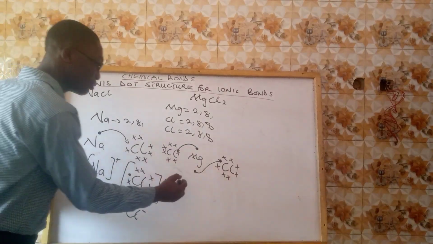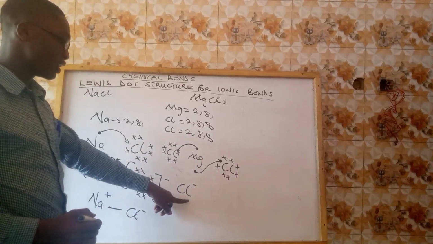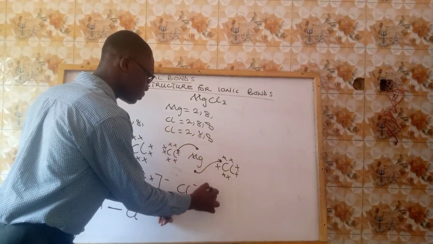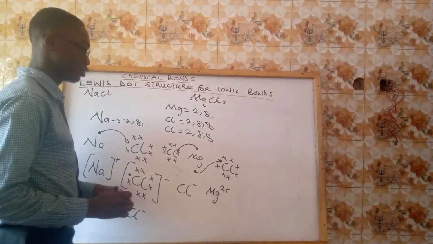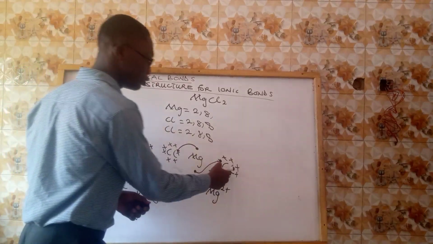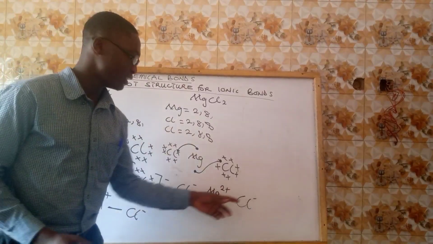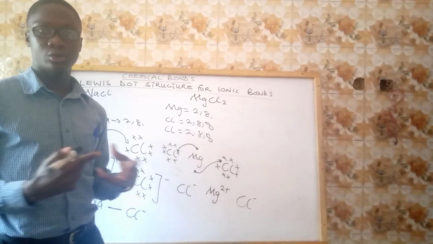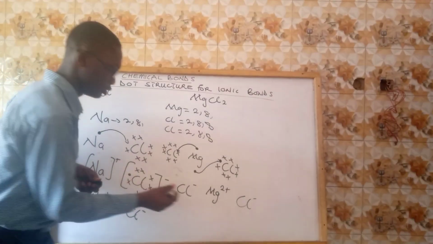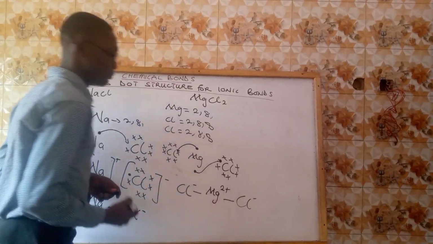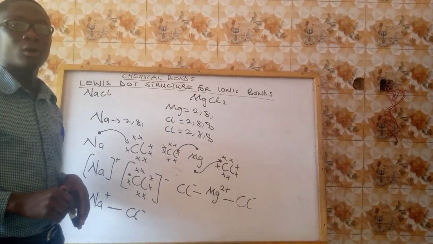So now chlorine will become Cl minus because it has gained 1 electron, and magnesium will become Mg 2 plus because it lost 2 electrons. The second chlorine also becomes Cl minus. So we have negative and positive ions. Now there will be an attraction between the ions, which will form the ionic bond. So this is the Lewis dot structure for an ionic bond.